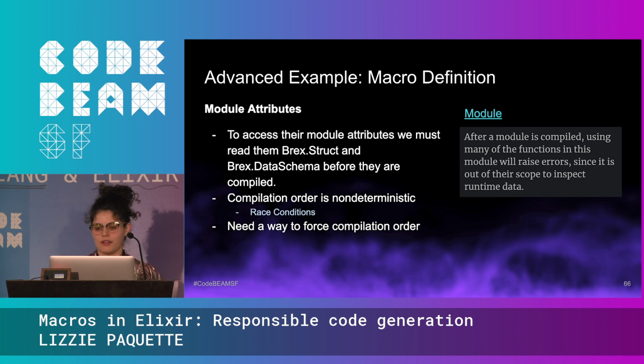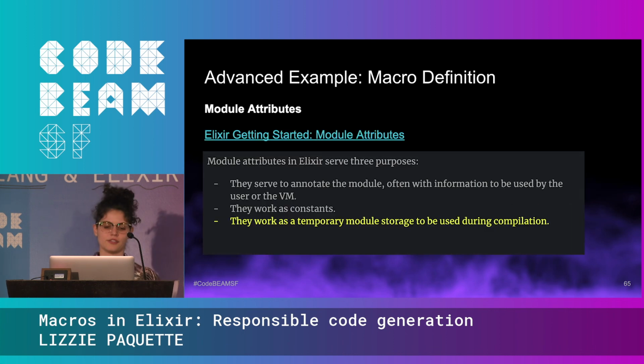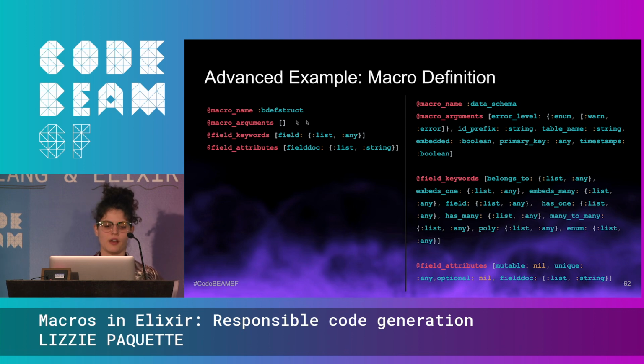After a module is compiled, you cannot access its module attributes. So we have to access the module attributes, the Brex struct and Brex data schema, before they're compiled. So just to clarify, module attributes are like these things.